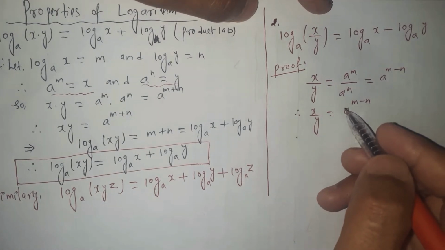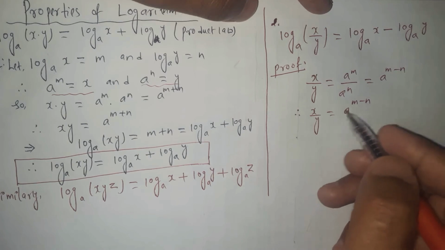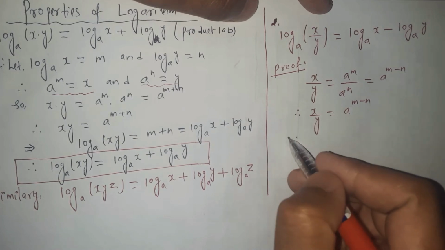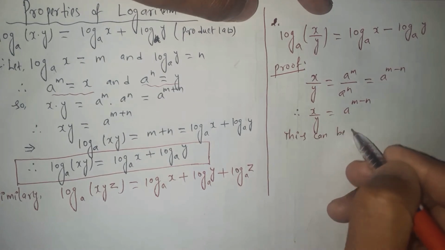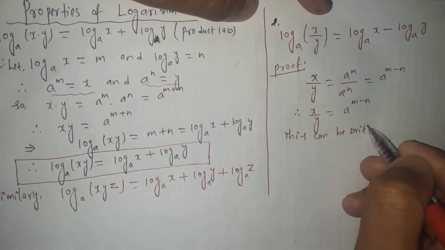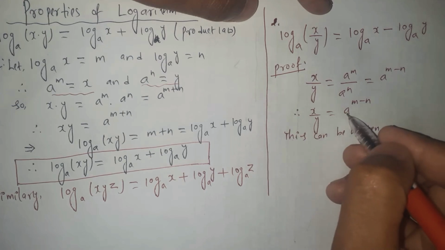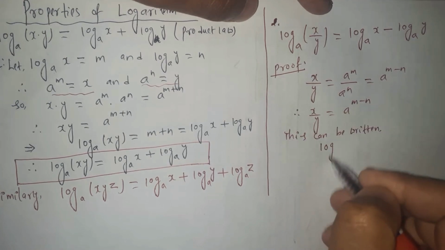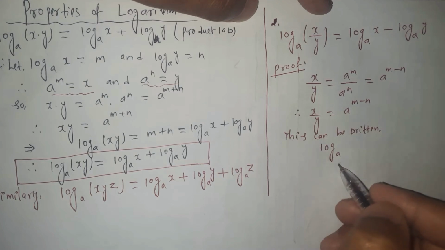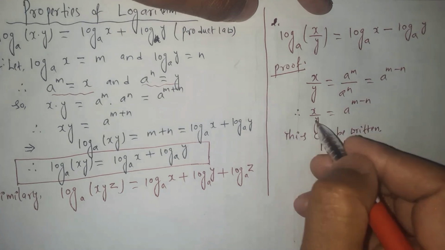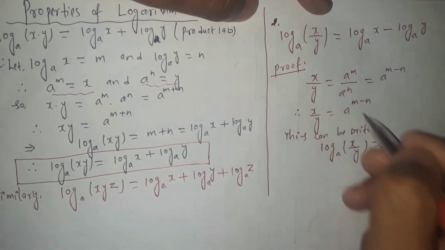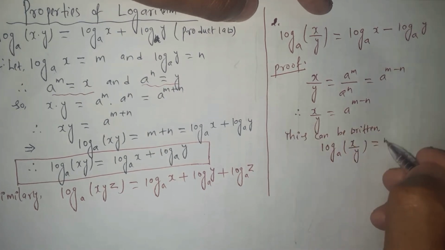Let's change it into the equivalent logarithm form. The base a will be the base of the log, and the argument will be x over y, and it is equal to m minus n.